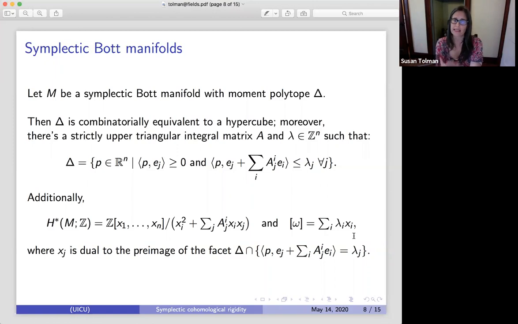And moreover, this is a very natural presentation because the x_j are actually dual to facets. This description gives you a facet of the polytope. If you take its preimage under the moment map, you get a submanifold, and x_j is the Poincare dual to it. So again, if you haven't seen this before, it just looks like a formula, that's fine, but just note it's a very explicit formula. That's the main point. Okay, great.